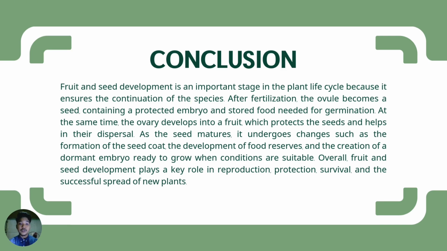As the seed matures, it undergoes changes such as the formation of the seed coat, the development of food reserves, and the creation of a dormant embryo ready to grow when conditions are suitable. Overall, fruit and seed development plays a key role in reproduction, protection, survival, and the successful spread of new plants.